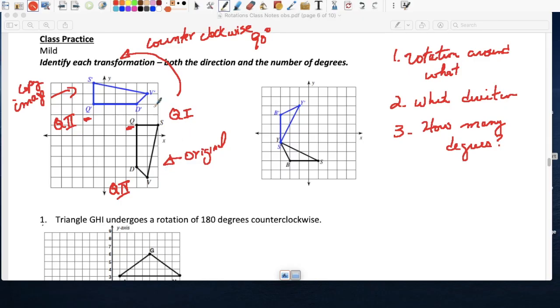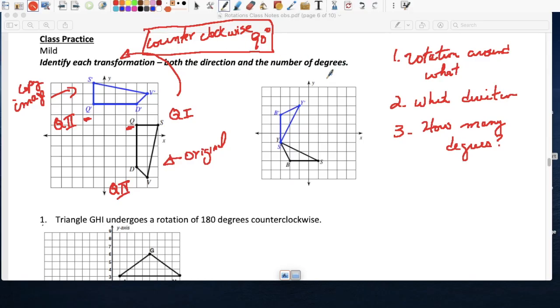But where did it end up? In quadrant 1. So it traveled from quadrant 4 to quadrant 1, again just one quadrant. So that is a 90 degree. Everybody traveled counterclockwise one quadrant over. So the rule, or not the rule, but the description of the rotation is counterclockwise 90 degrees.